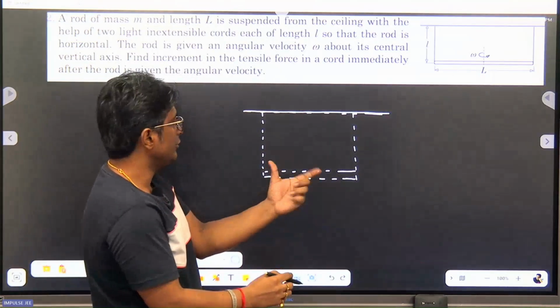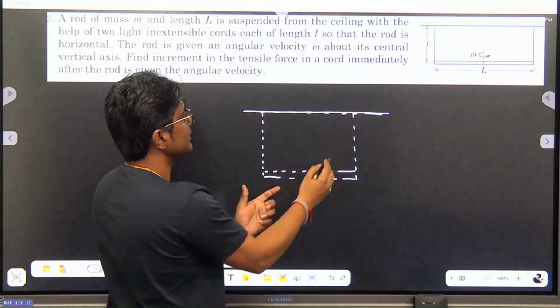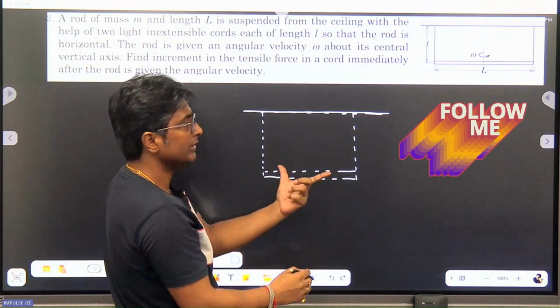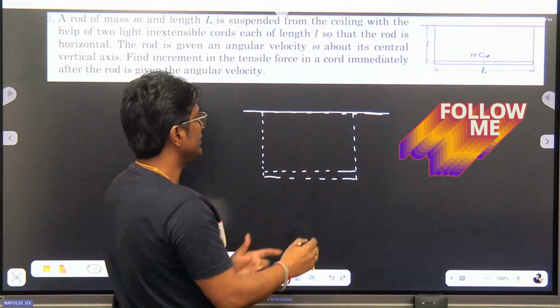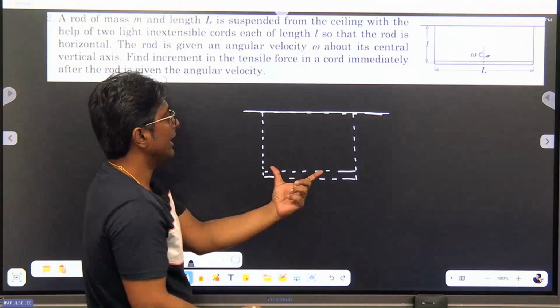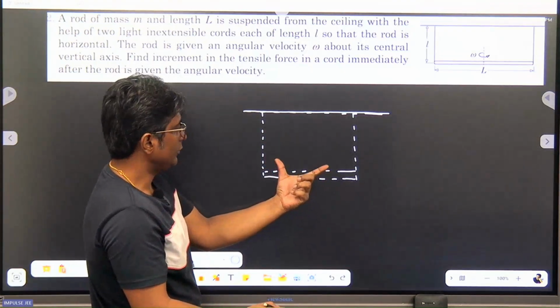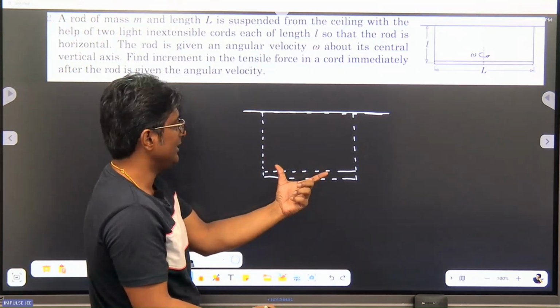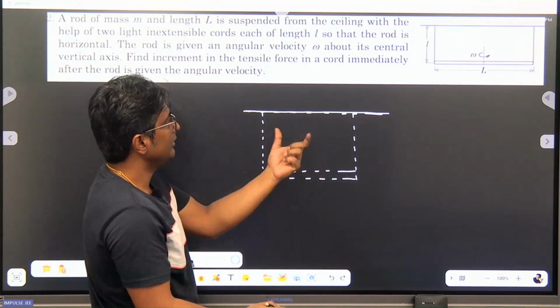When the rod will try to rotate like this, then this string or rope, whatever it is given, is going to be twisted like this. So in order to that, it will deviate by a certain angle.